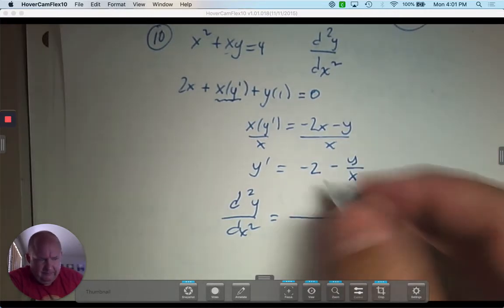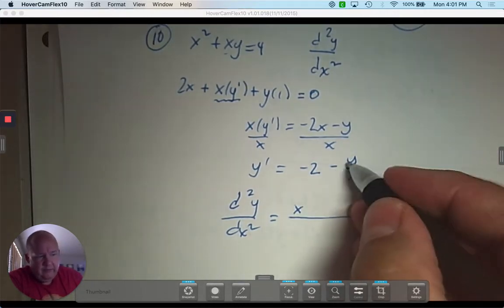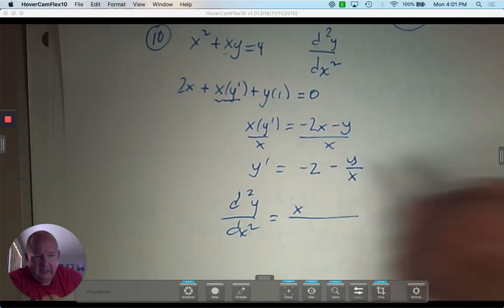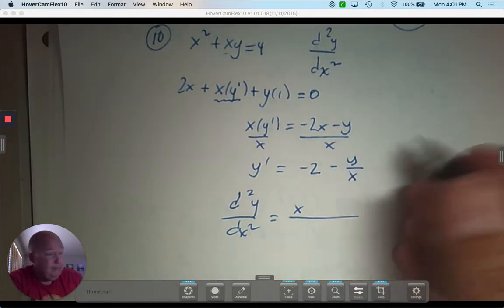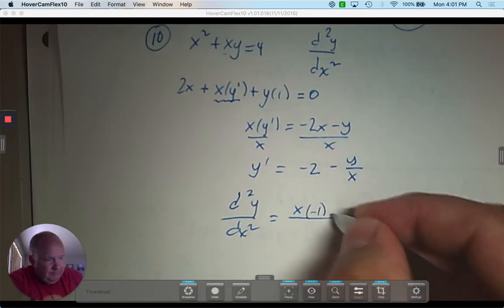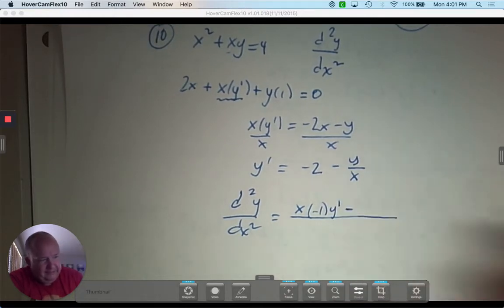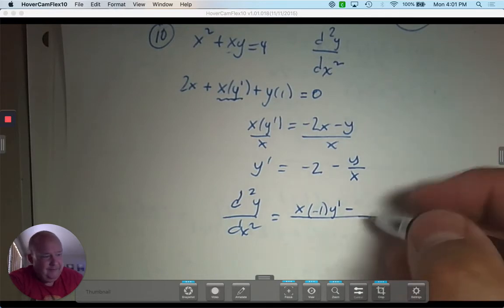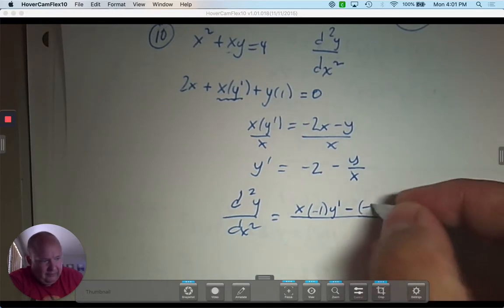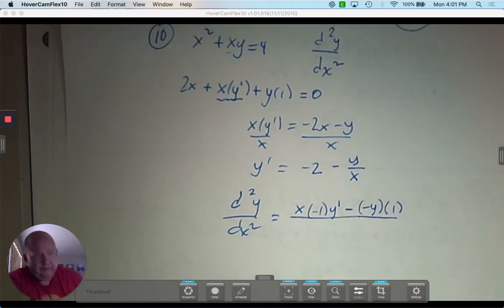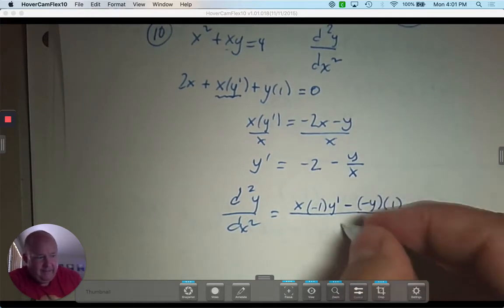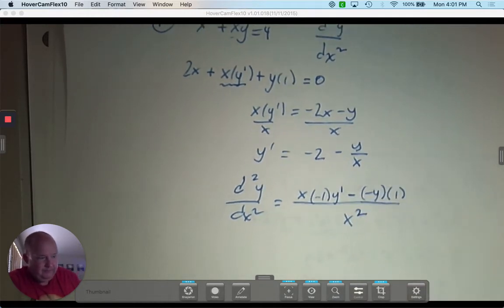It's the bottom times the derivative of the top. Now I'm going to say the top is -y, so the derivative of the top would be -1, but it needs a y prime. Subtract the top, which is -y, times the derivative of the bottom, which is 1, and then the bottom squared.